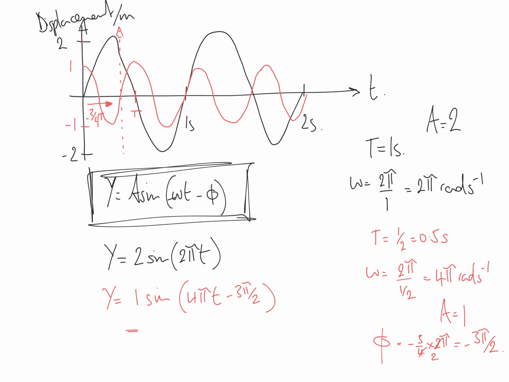If you want to, you could even just get rid of the 1, factorise out pi: 4t minus 3 over 2. Good. So this is the general form of a travelling wave. Hope that all makes sense.